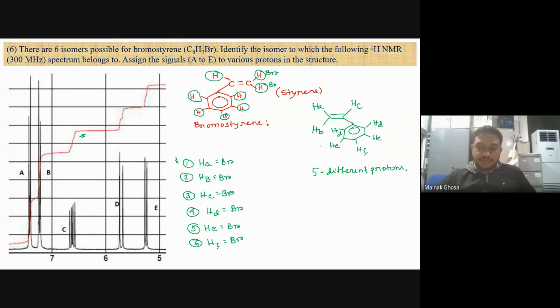Now, I'm drawing all the structures, then it will be helpful for you. Structure 1 will be bromine here, hydrogen, hydrogen. This is one.